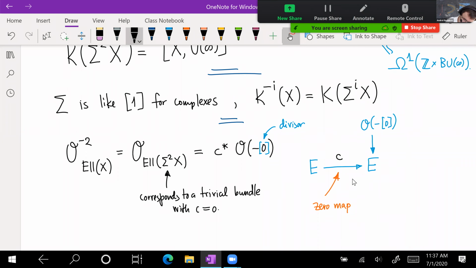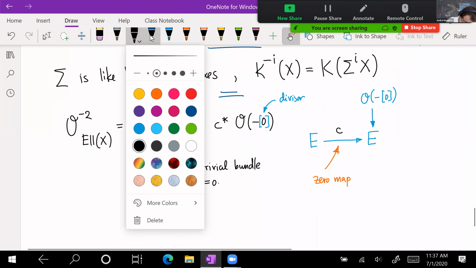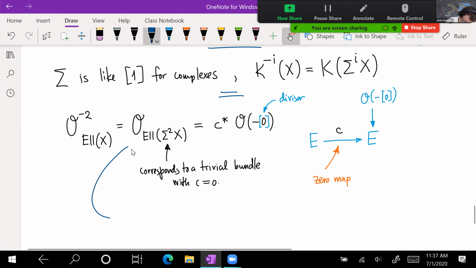So this pullback, to continue this chain of equalities, is a trivial bundle over E with fiber, which is what?